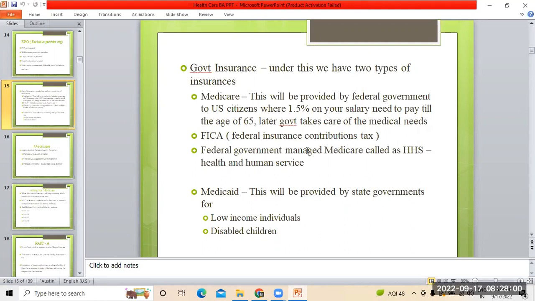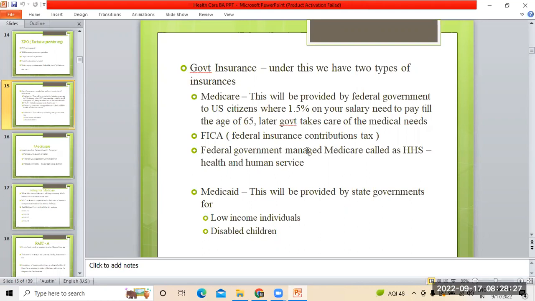Earlier, for example, seasonal diseases wouldn't be covered. But later on, even seasonal diseases were covered under a plan. Earlier, it was not that.